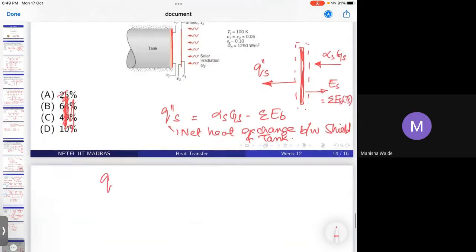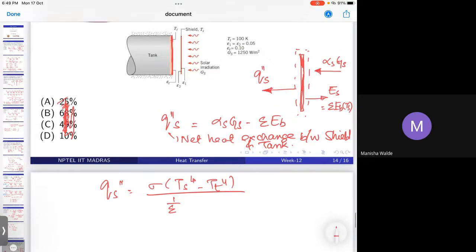So we can write the net radiative heat exchange between two parallel plates: sigma times T T to the fourth minus T S to the fourth, divided by 1 over epsilon S plus 1 over epsilon T minus 1.